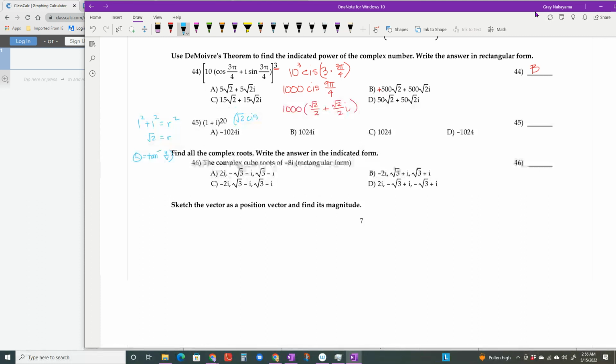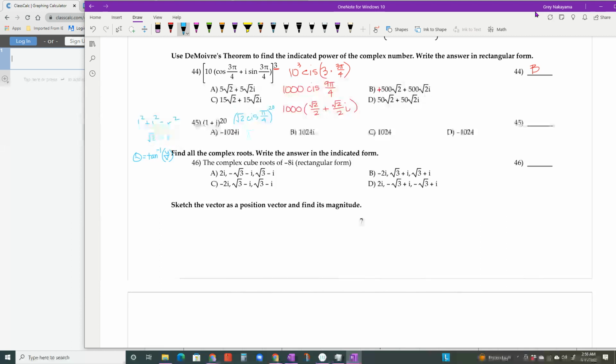That makes my angle pi over 4. So I have square root of 2 cis pi over 4 all raised to the 20th.